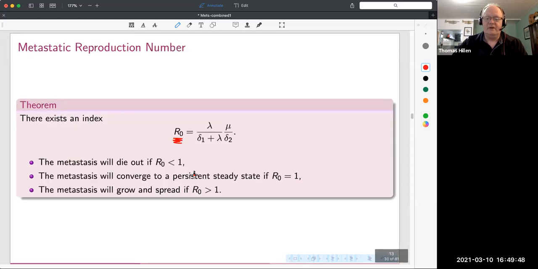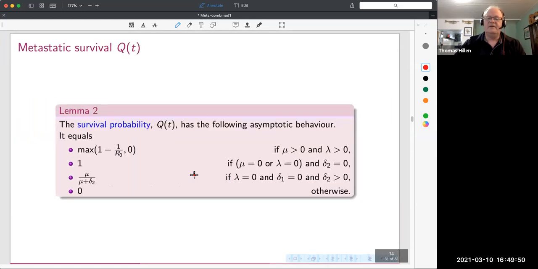This was done for the ODE, but then similar results hold for the non-local model if you apply it to the survival probability Q. And then we also get conditions where the survival probability of metastasis, for example, is 0 under these conditions, or it converges to a maximum value here, or even to 1, which is a bad situation for these parameter choices. Okay. And this is exactly what we are after. So the R0 here is the interesting bit.